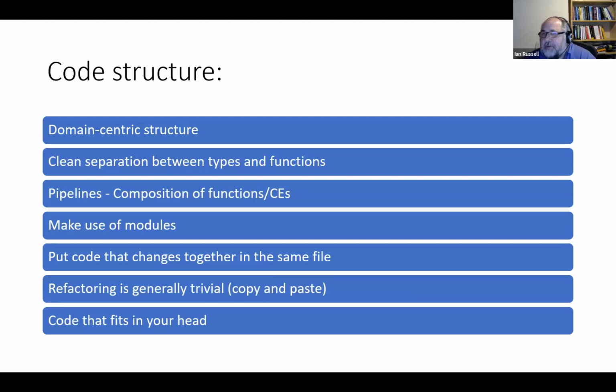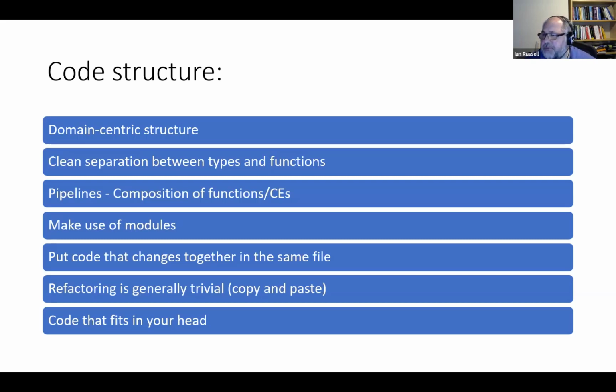It tends to contain things that describe the system that it's working on rather than the domain that it's supposed to be supporting. So sometimes you actually have to look at the code to work out what it actually does. One of the nice things about F# is that it tends to be the opposite way. It tends to be very much easier to just write things in a domain-centric way.